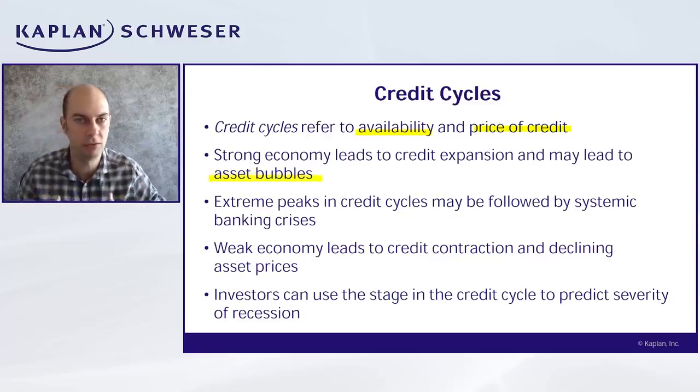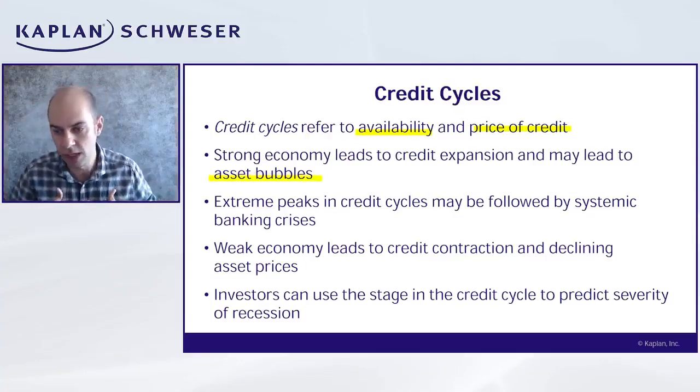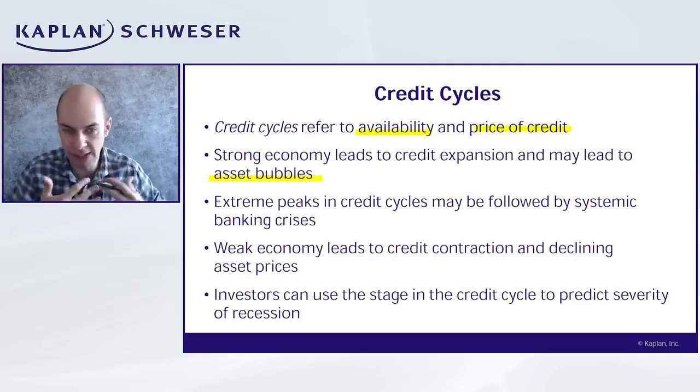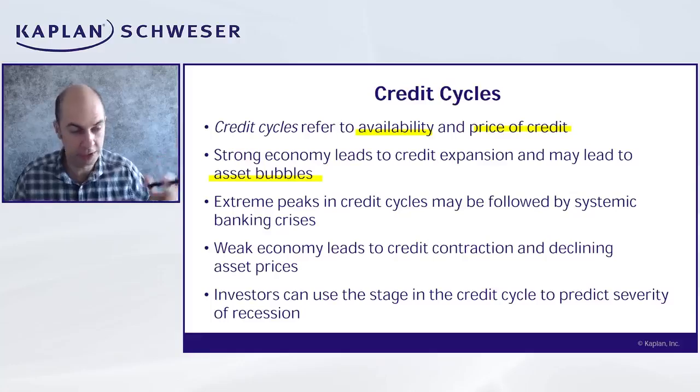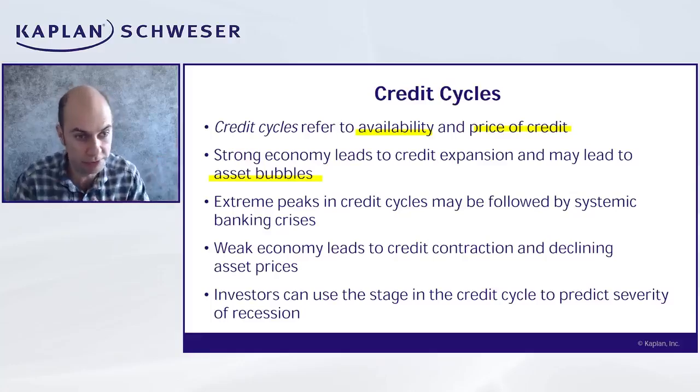So think about interest rates being very, very low. Think about lenders being very confident that asset prices are going to keep going up. I hope that sounds familiar. Spoiler alert, GFC, right? So I hope this sounds familiar.